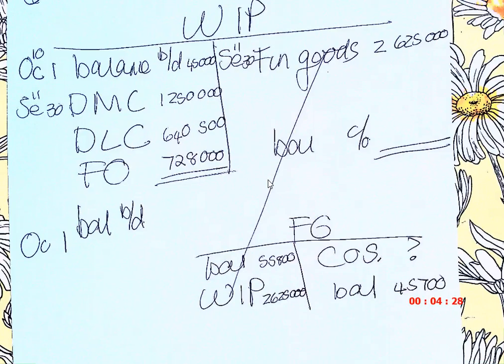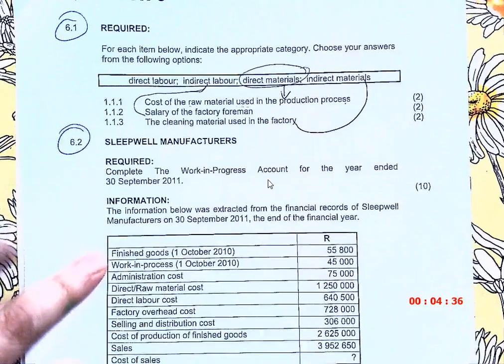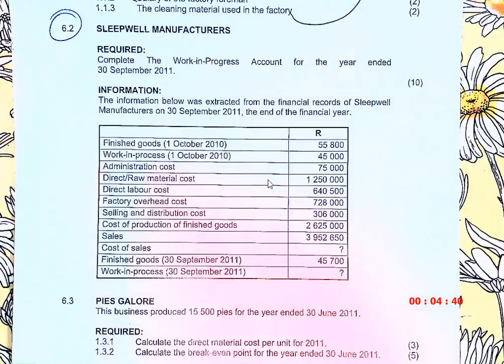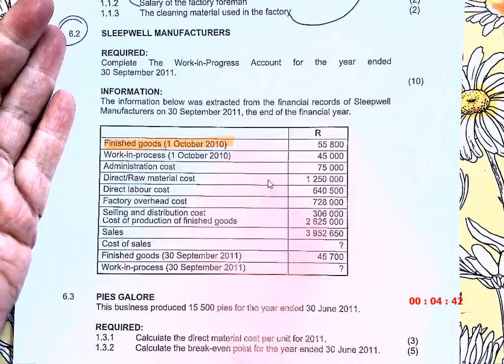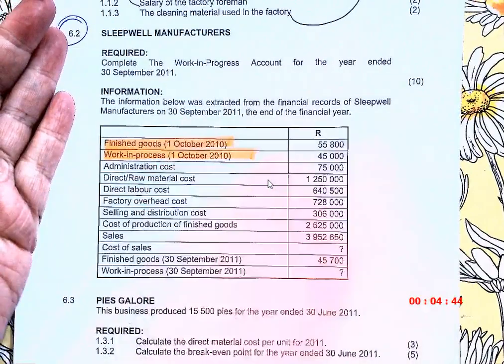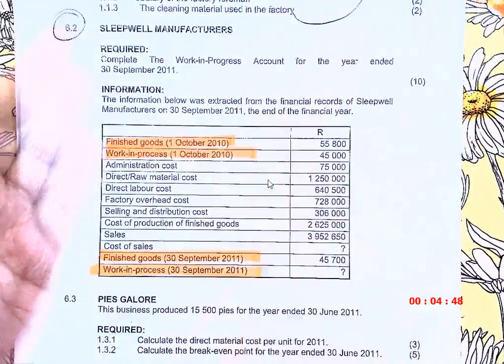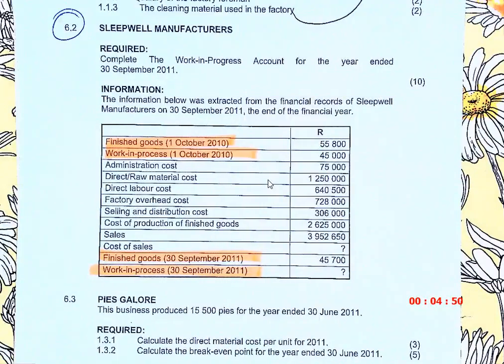And it's the finished goods, the goods ready to sell. So the balances they give me here are my stock balances: finished goods, work in process, and the closing balance. You see, it's the stock.